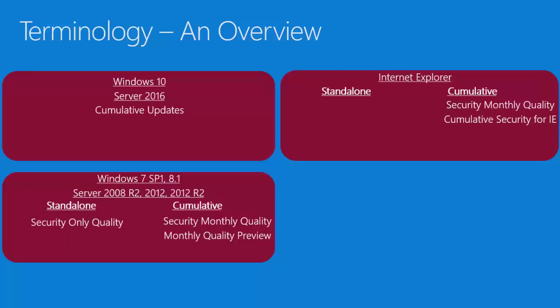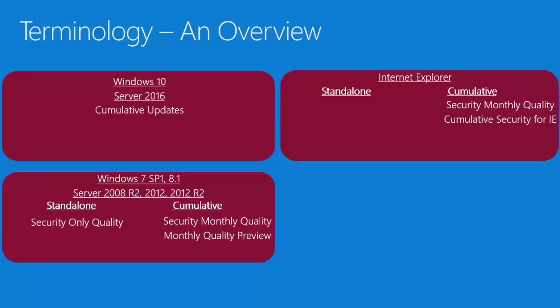So again, security-only and monthly roll-ups will continue to contain fixes for Internet Explorer for the various supported releases of the operating systems, right? So what does that mean? Well, Internet Explorer 11 is supported for all operating systems currently in support except for Server 2012. Internet Explorer 10 is the supported version of IE for Server 2012.